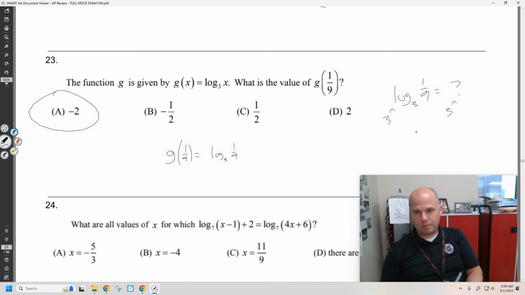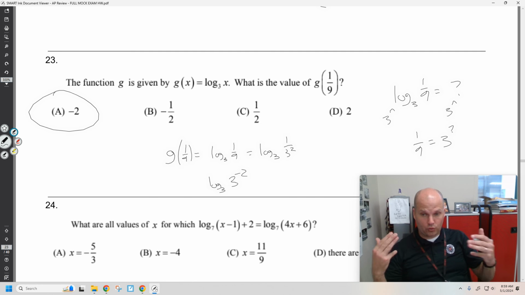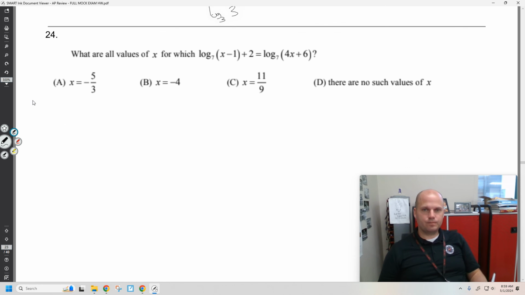I can take 3 to the power, and now I can see, oh yeah, I need the power of 3 to get 1/9. You could, using exponent rules, rewrite this as the log base 3 of 1/3 squared, which then becomes the log base 3 of 3 to the -2nd. Log base 3 of 3 to the -2nd is -2. 3 different ways to get the same answer.